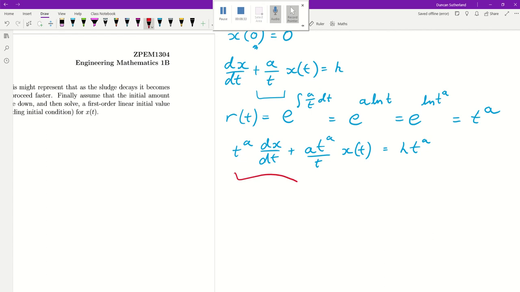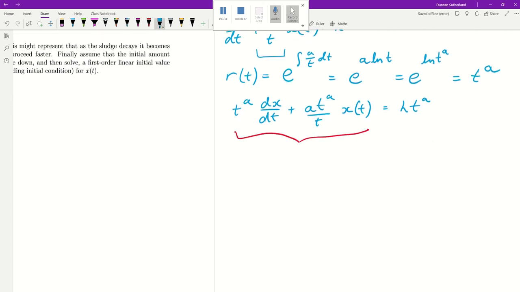Now I can use what some people term the reverse product rule on this, collapse it down. Right, we've seen this in lectures. We know why this happens. It must always happen because of the form of our integrating factor that we've selected. And we now have a problem that's directly integrable.